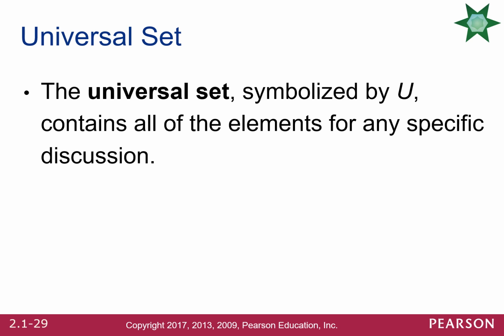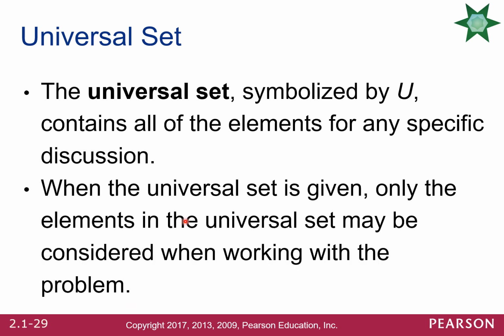Over here it says when the universal set is given, only the elements in the universal set may be considered when working with the problem. So for example, in the case of states, the values that the set can take would be one of the values from the universal set, which would be the states of the country.